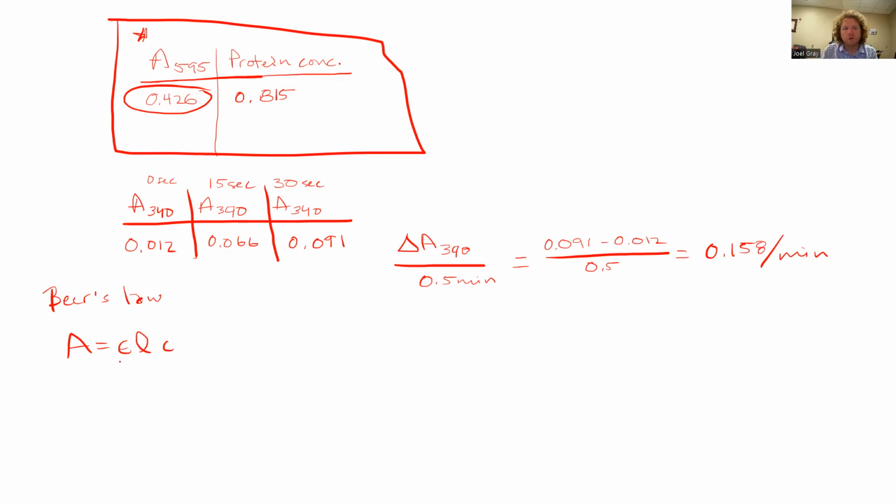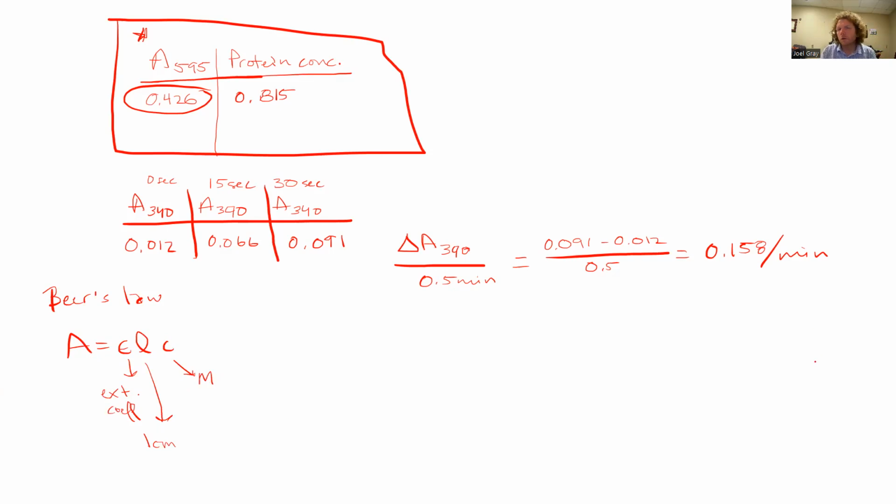Absorbance is equal to an extinction coefficient, times the path length, which is 1 centimeter, because our cuvettes are 1 centimeter, so the light shines through 1 centimeter of our sample. And C ultimately is concentration in molarity.